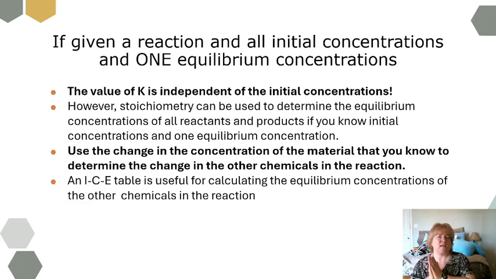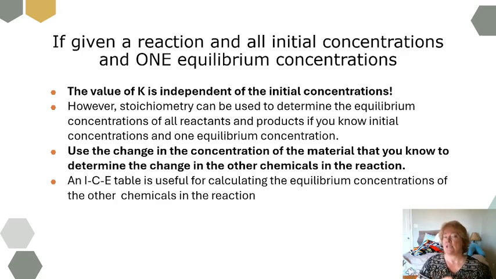If I'm given a reaction and all the initial concentrations, but just one equilibrium concentration, I can use the substance for which I know the equilibrium concentration and see what it changed from the initial concentration to the final concentration. The value of K is independent of the initial concentrations.